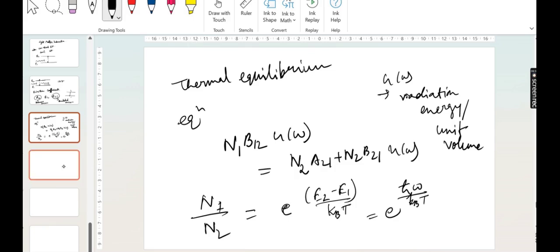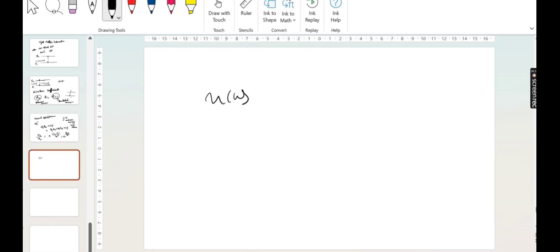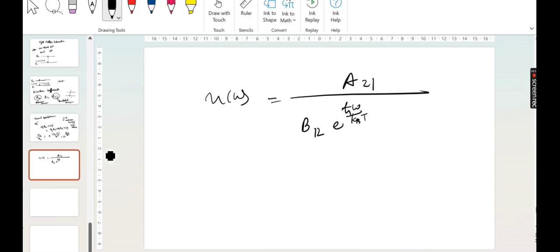So from that we get to know the radiation energy is basically A21 by B21 divided by e to the power h cut omega by kBT minus B21 by B12. So we can assume that B12 is equal to B21 is equal to B.